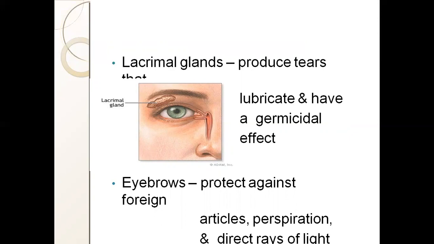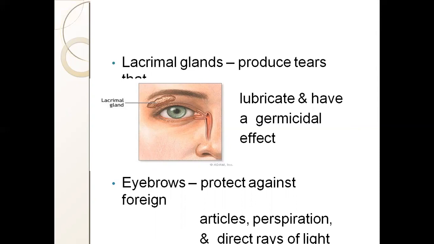The tears lubricate our eyes and have a germicidal effect. Whenever any dust particle enters our eyes, the lacrimal gland produces tears, and with the help of these tears the dust particle is removed out.